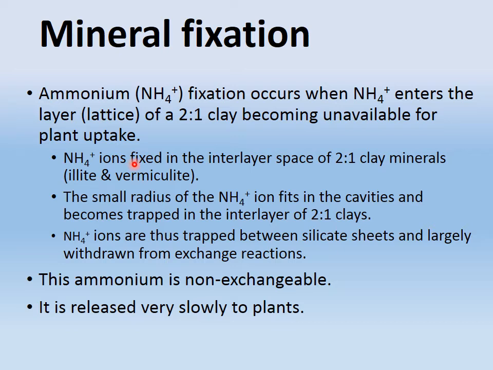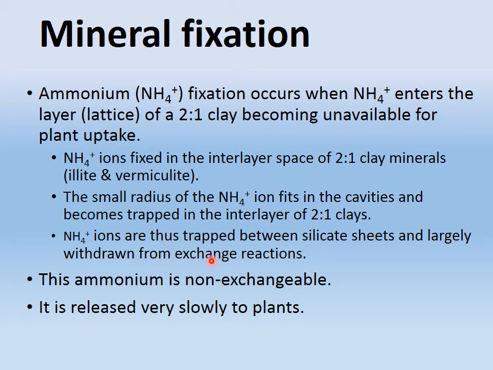Ammonium ions are fixed in the interlayer spaces of 2:1 clay minerals, such as illite and vermiculite. The small radius of the ammonium ion fits in the cavities of the 2:1 clay minerals and becomes trapped in that interlayer of 2:1 clays. These ammonium ions are thus trapped between silicate sheets and largely withdrawn from exchange reactions.